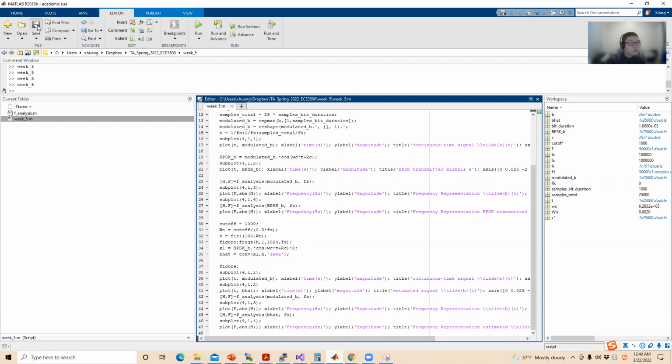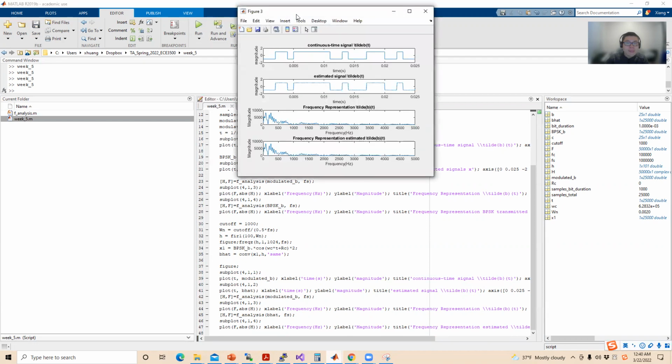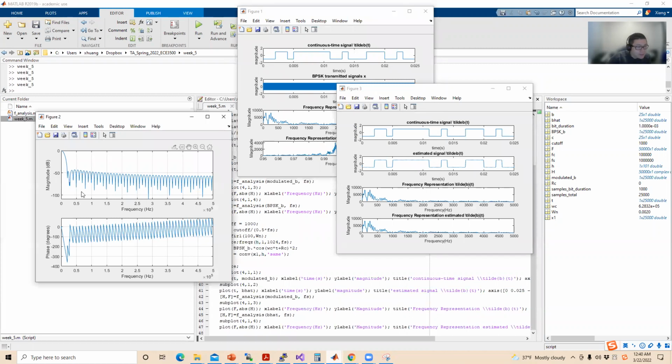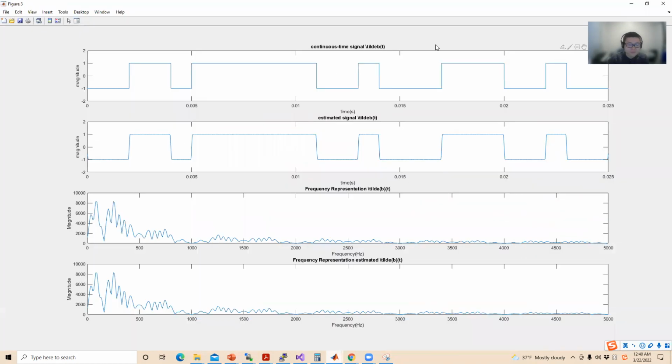You can see this is my magnitude response and phase response of my filter, and this is my final result. This is the original baseband signal, and this is my estimated signal b hat of t. You can see it's not the same.